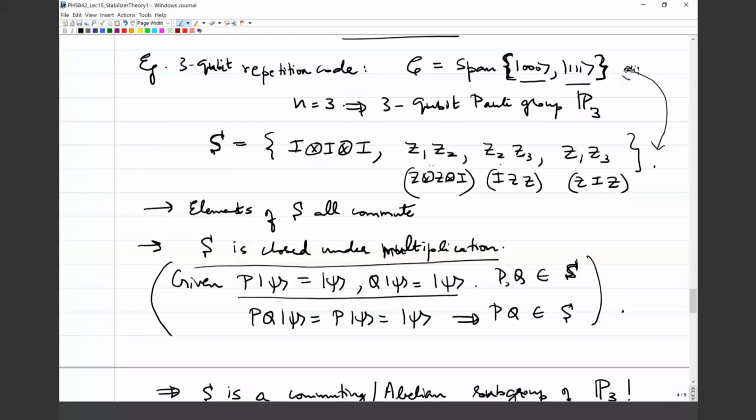Ma'am, is there any mathematical notion of calculating these stabilizers from this code space, or we just need to use our intuition to get these operators? Yeah, that's a good question. So it actually works the other way around, right? It is often easier to construct commuting subgroups of Pauli operators, okay? And then try to identify what is the vector space that is stabilized by this set of operators, right?